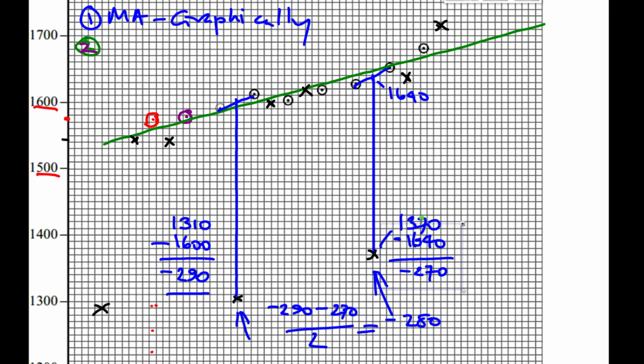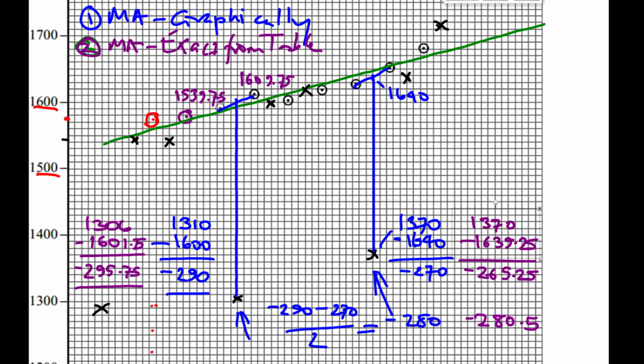I'm going to do that in purple. I could carry out exactly the same calculation, the moving average, and do it with the exact figures from the table. So if I took the exact figures for the two moving averages for the first quarter 1 point, I'd have 1539.75 for the moving average on the left, and the moving average on the right will be 1609.75.